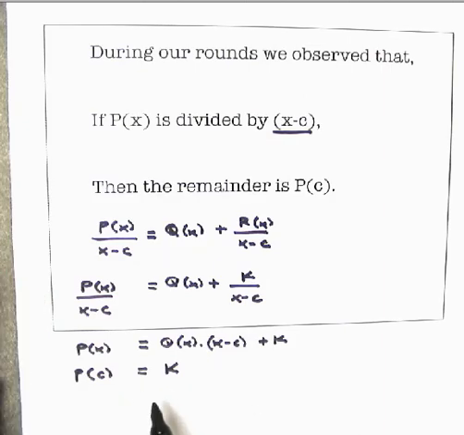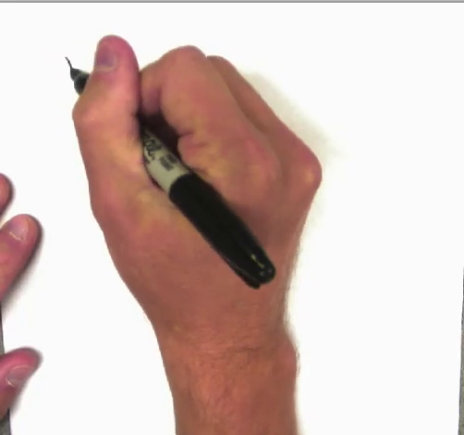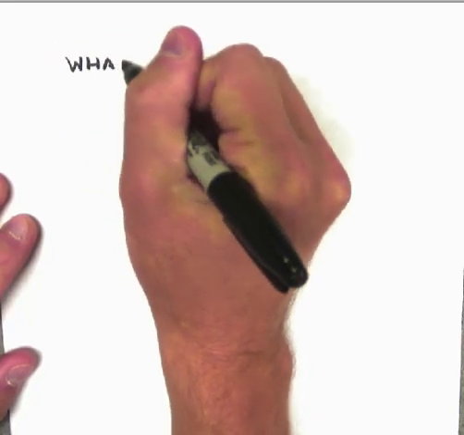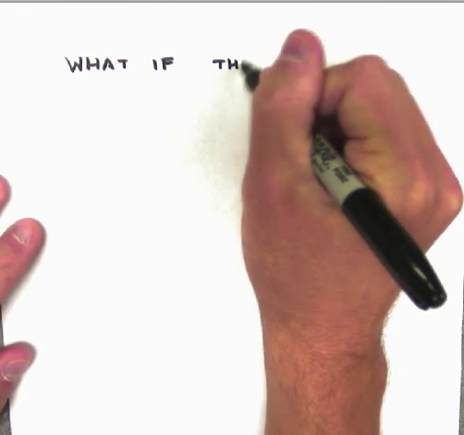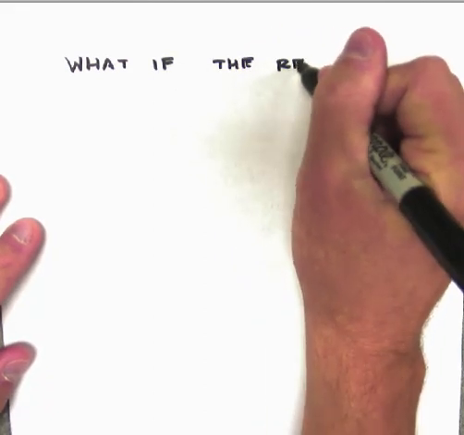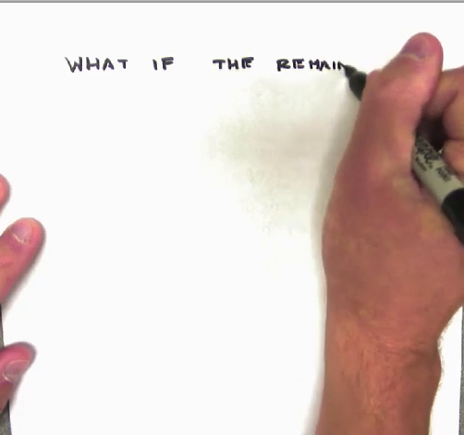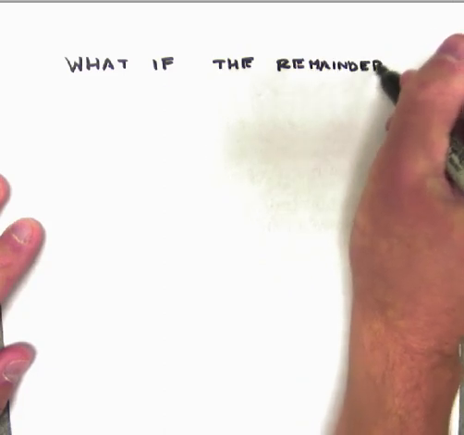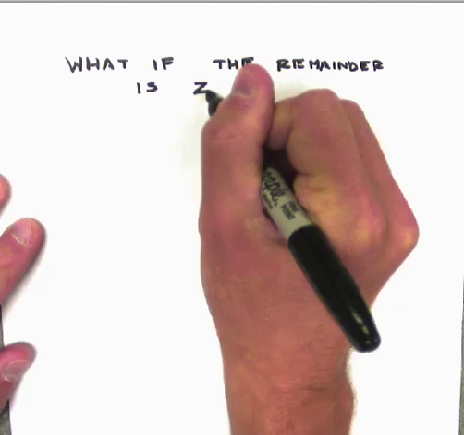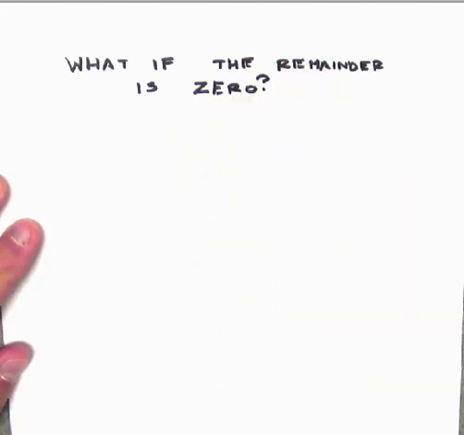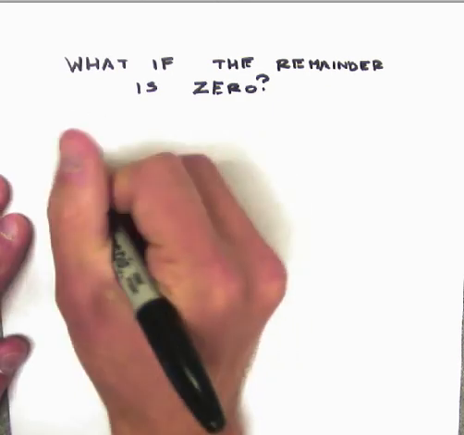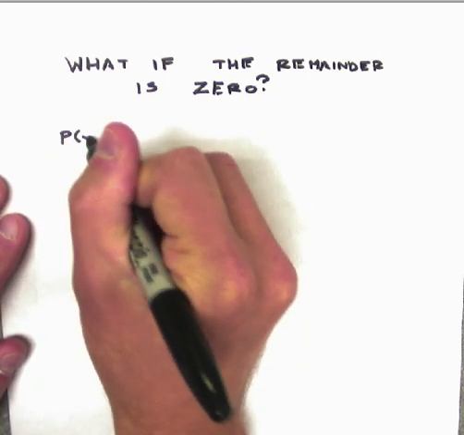Now, that's interesting in itself, but there's a bigger question we want to look at: what if we do long division and the remainder is 0? That's possible. So let's see what would be the case there.